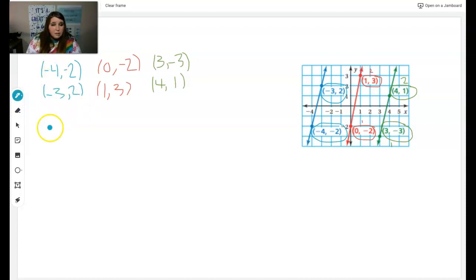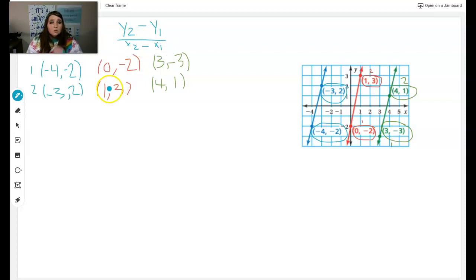First we're going to do some substitution for the blue line. Remember, this was point 1 and these are point 2. We start with y of point 2 minus y of point 1, and that goes over x2 minus x1.